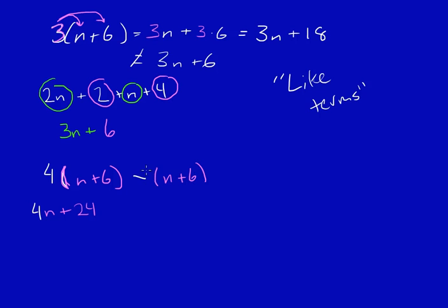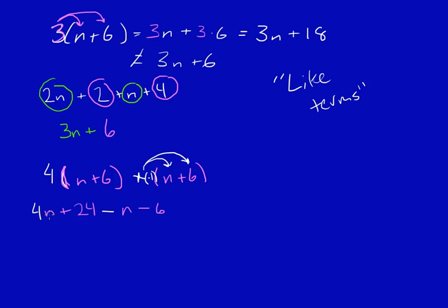What's outside these parentheses is a negative 1, so you also want to distribute this negative 1 in like so. So I could change that to plus a negative 1 times n plus 6. So that would be negative 1 times n is our negative n, and the negative 1 times 6 is a negative 6.